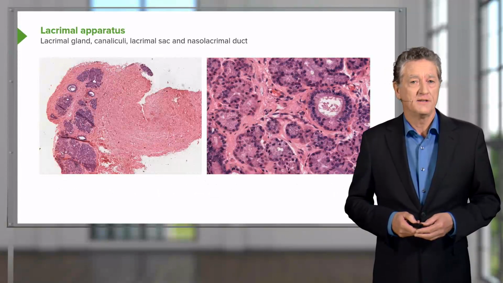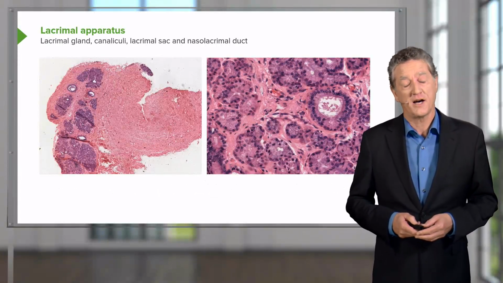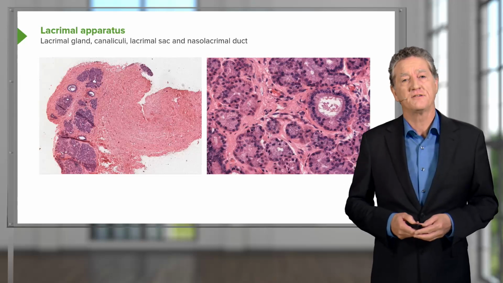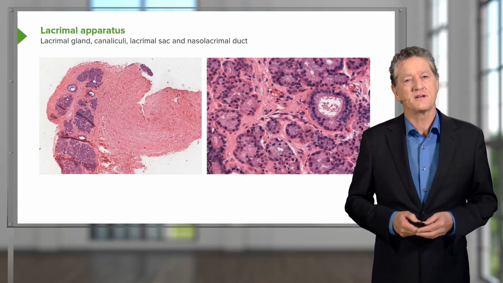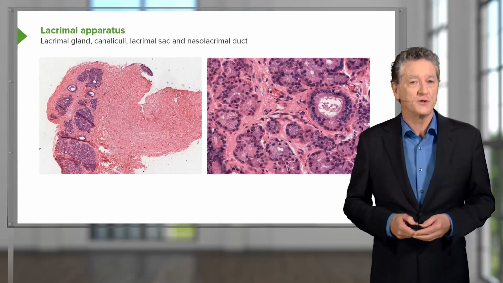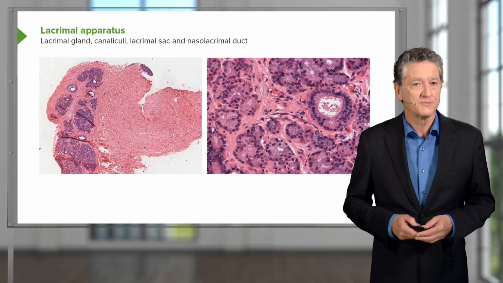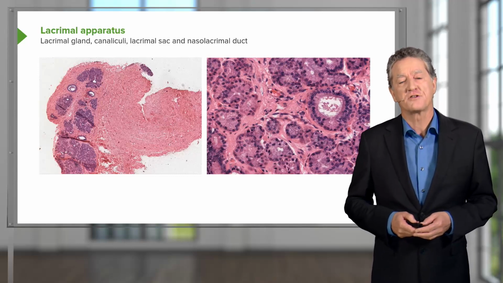The lacrimal gland is just like any other compound gland. I described the structure of compound glands in another lecture. But as you see on the left-hand side, under very low magnification, you can see clusters of glandular units called lobules. And within those lobules, on the right-hand side, you can see secretory acini, little grape or berry-shaped cells.